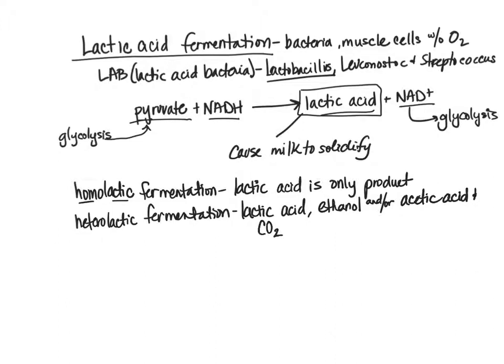So in this case, we get lots of other things. So hetero meaning others: lactic acid, ethanol, and/or acetic acid and carbon dioxide. So we see this when we see things like soured vegetables, so in producing things like pickles. So up here we're going to say an example. Example is yogurt. Down here, examples would be like pickles and sauerkraut.